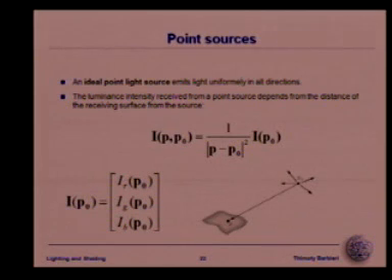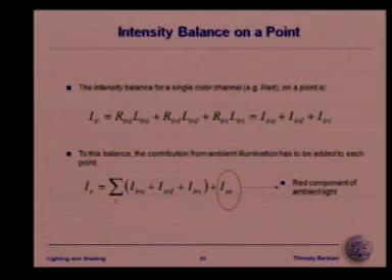The intensity which arrives on point P because of an emission from point source P0 can be described as the intensity which is emitted from P0 divided by the square of the distance, where P0 is the intensity here in red, in green, and in blue, okay, which has to be obtained like this, right?